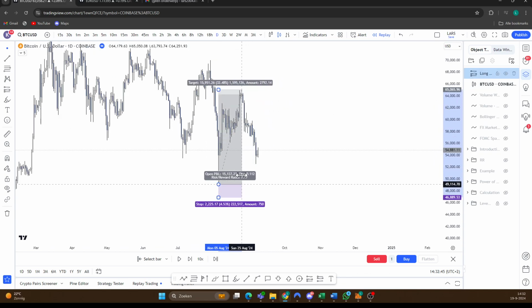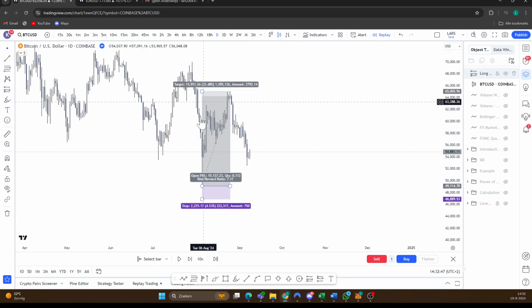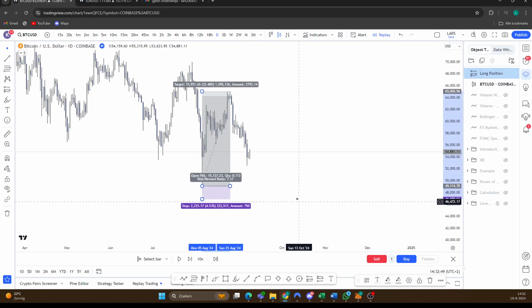He could have cashed out perfectly. It may be a 32% move in the Bitcoin price, but that doesn't matter. We just need to check the risk to reward ratio, which is 7.17. Meaning if he risked 1% and he caught the exact bottom, he would have made 7% on his account.